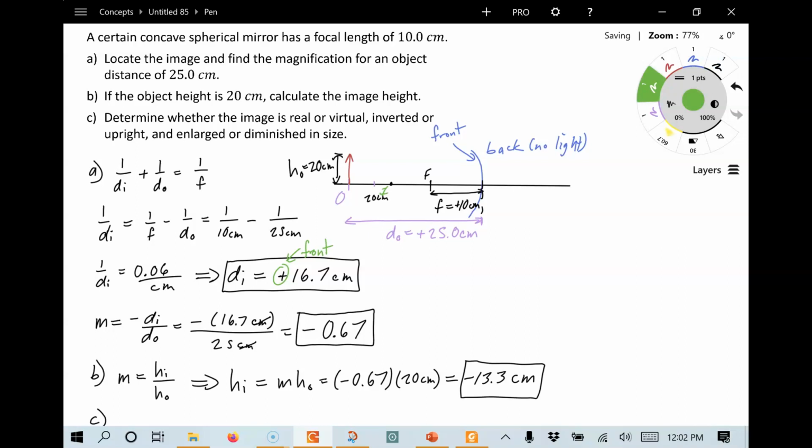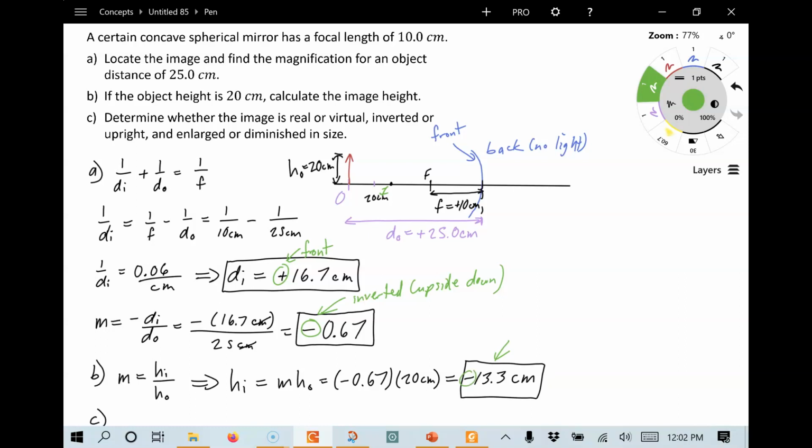And the image, let's see, the sign for the magnification is negative. So this is going to be inverted or upside down. And the height is only 2/3 as tall. Instead of 20, it's going to be 13.3.